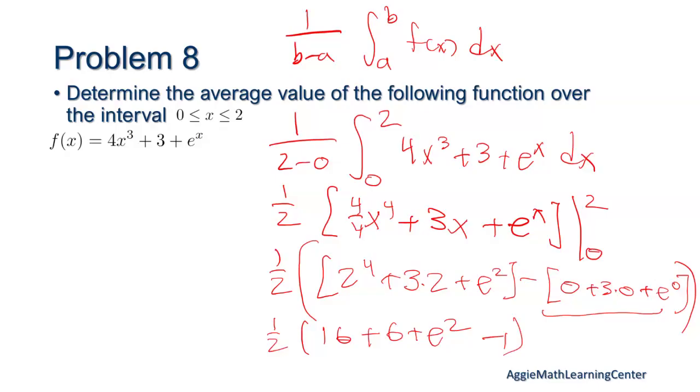So we're left with 1/2 times 16 plus 6 is 22, minus 1 is 21, plus e squared. So our answer is 1/2 times 21 plus e squared.